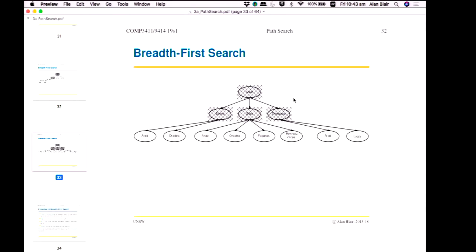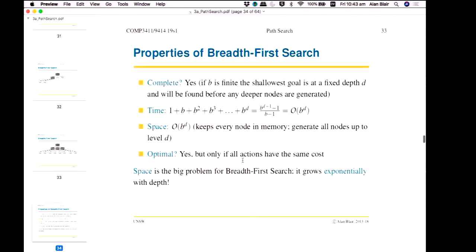So if the branching factor is B, you could have B nodes at depth 1, and then each of those B nodes could have B children. So the number of nodes at depth 2 could be B squared, and at depth 3 could be B cubed, and at depth 4 could be B to the 4th. So the number of nodes could grow exponentially.